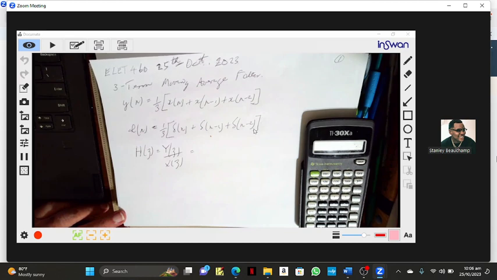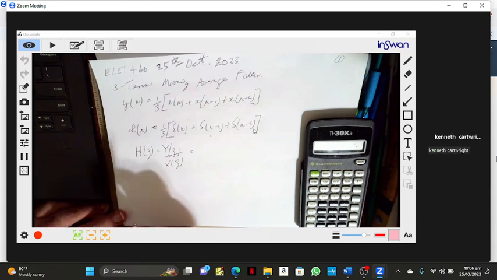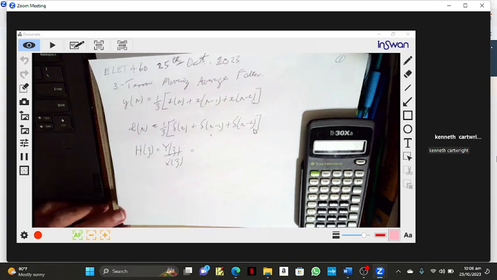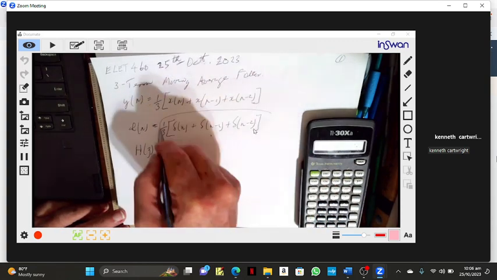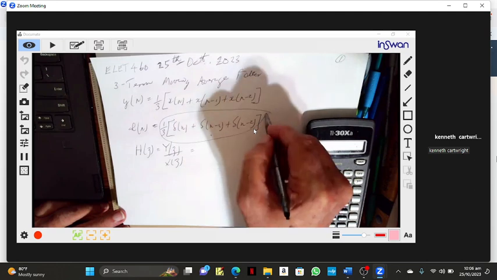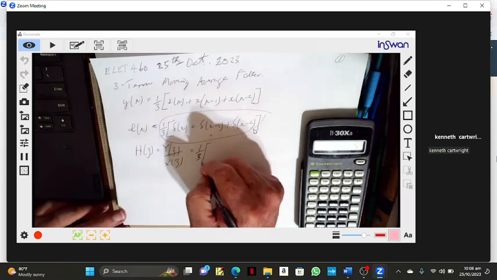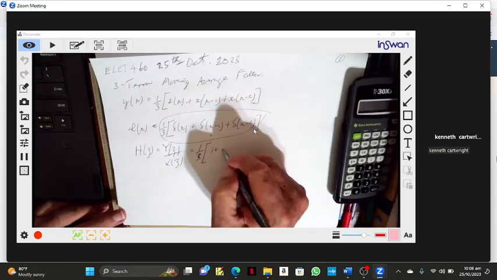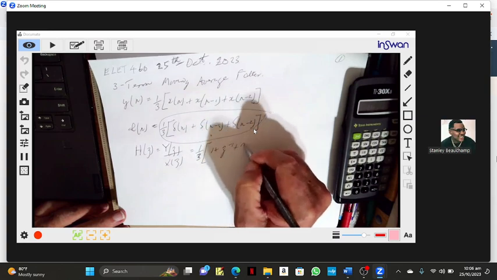You said it. H of z is the Z transform of h of n. So what's the problem? Take the Z transform of this. Yeah, that'll just be 1 plus z to the negative 1. It's the third. I don't know why you're forgetting about the third. 1/3 times 1 plus z to the negative 1 power plus z to the negative 2 power.